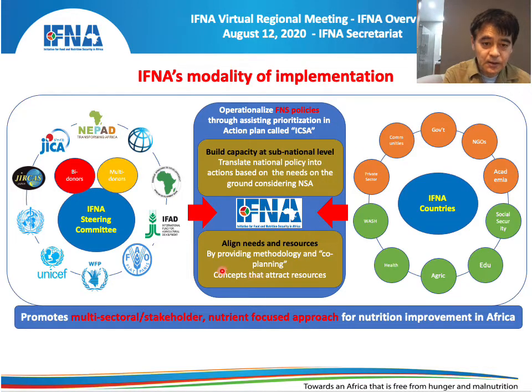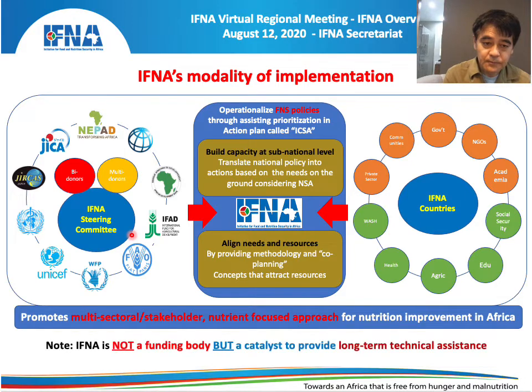And second, align needs and resources among different partners. Important point is IFNA is not a kind of funding body, but more like a catalyst to link activity and different stakeholders to have a better synergy.